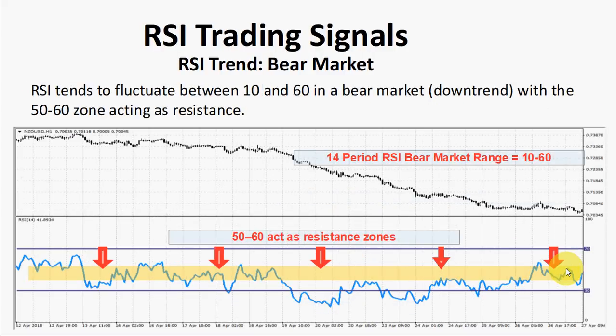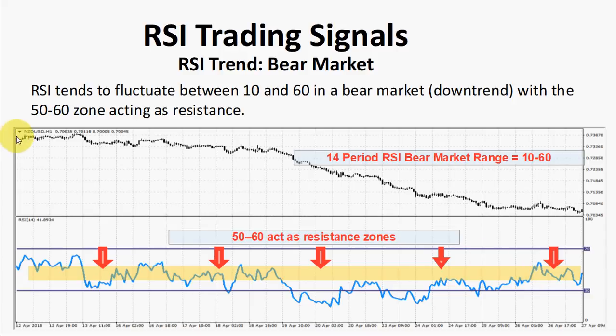Same thing applies to a bear market. RSI tends to fluctuate between 10 and 60. So RSI in a bear market will not reach the 70 line, will fluctuate between 10 and 60, and will form the 50 to 60 zone as its resistance.